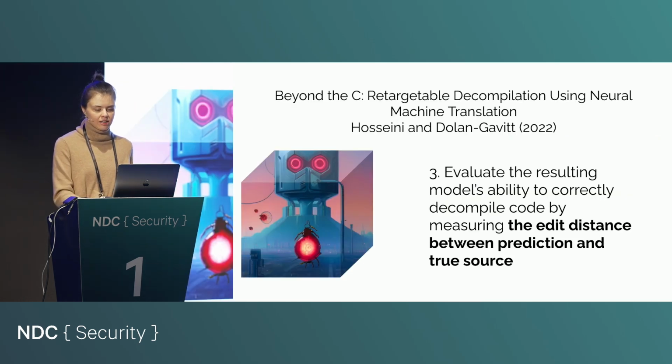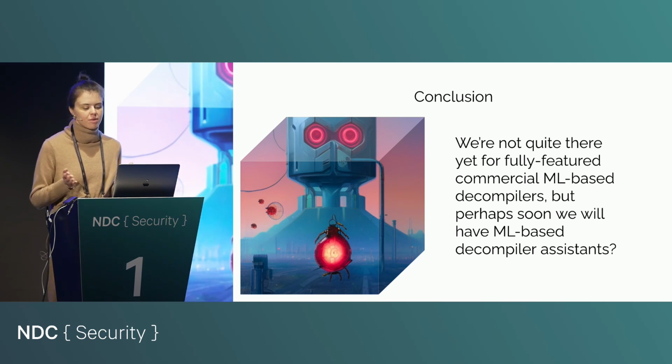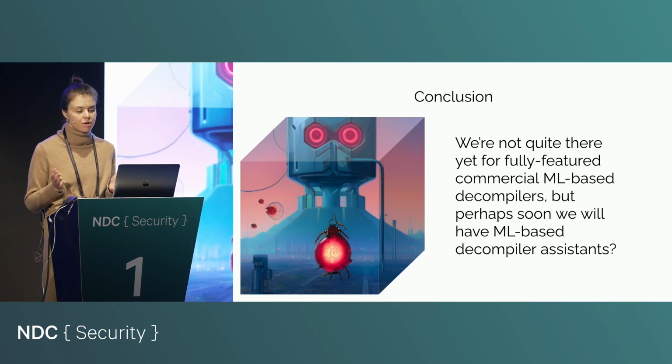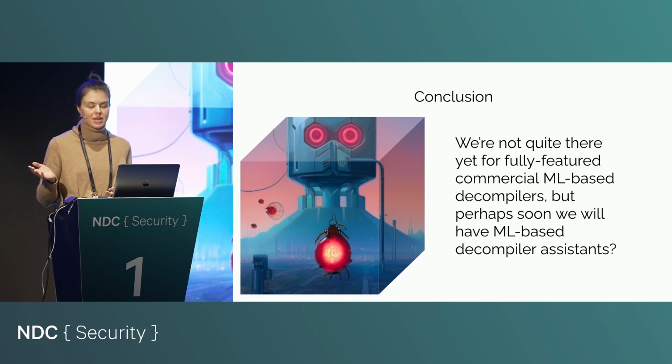While we're not yet at a point where we could have a fully featured commercial machine learning-based decompiler, perhaps we could have a machine learning-based decompiler assistant that could suggest a potential decompilation, and then a human analyzing the code could correct it or suggest corrections. So that's where we are in building a machine learning-based decompiler. We're not there yet, but I think very soon we might have some sort of human-in-the-loop solution.